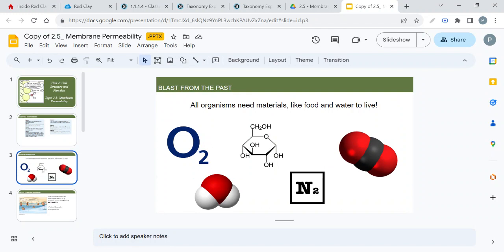So in this case, all organic molecules need food and water. Let's take a look at some of these things real quickly. What are some of the things that we're going to need? This is oxygen gas. We need oxygen in order to breathe in. This is water. We need to make sure we get enough water inside and outside.